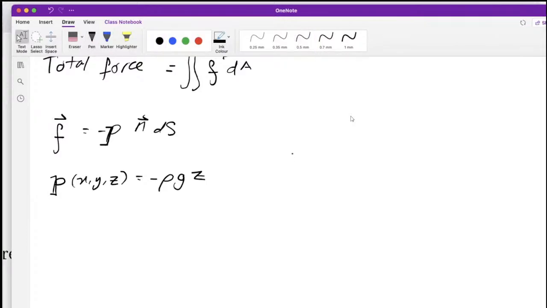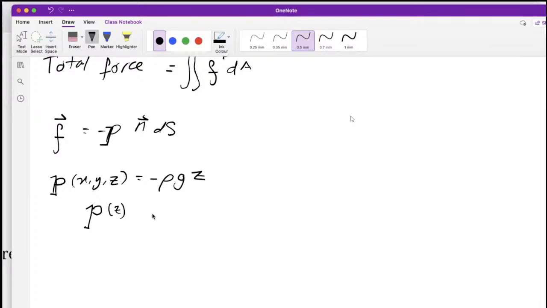So effectively, this three-dimensional function is invariant of x and y. It's just a function of z.